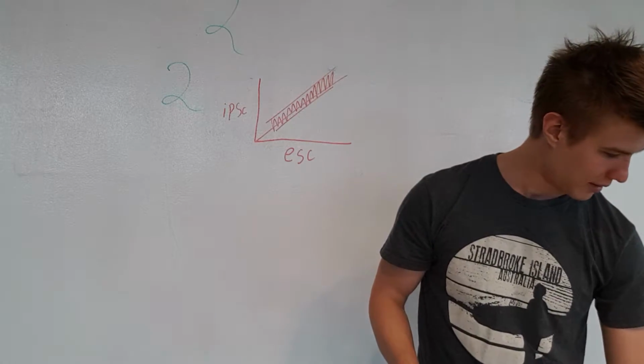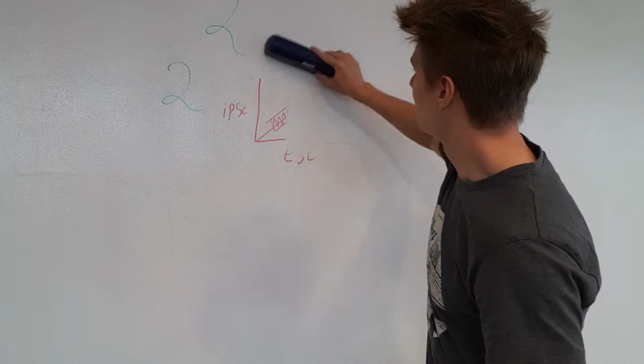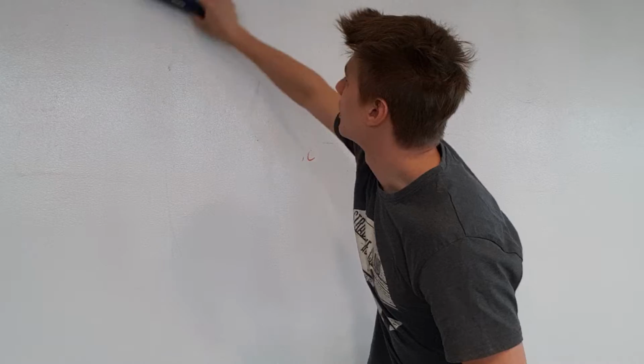And then once we have induced pluripotent stem cells, we can induce them to become cardiomyocytes. Side note, when we're inducing our induced pluripotent stem cells, we're going to use those 4 transcription factors that I mentioned.